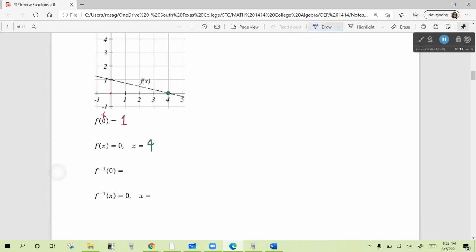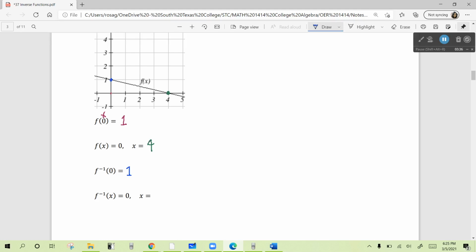If the inverse of 0, you're looking at the y being 0.